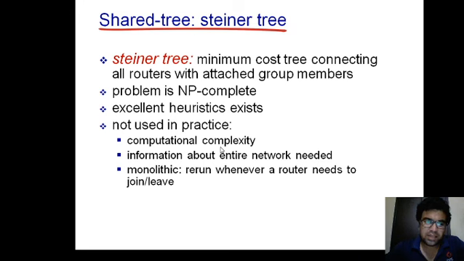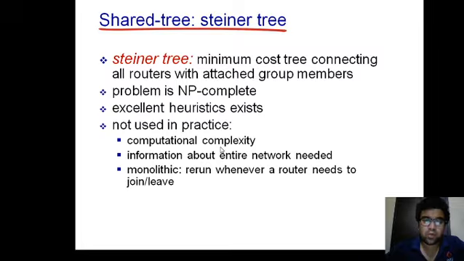It has excellent heuristics, but is not used in practice because of computational complexity. Information about the entire network is needed. Got the point? And the third thing is that it is monolithic: it must be rerun whenever a router needs to leave or join a particular multicast group.